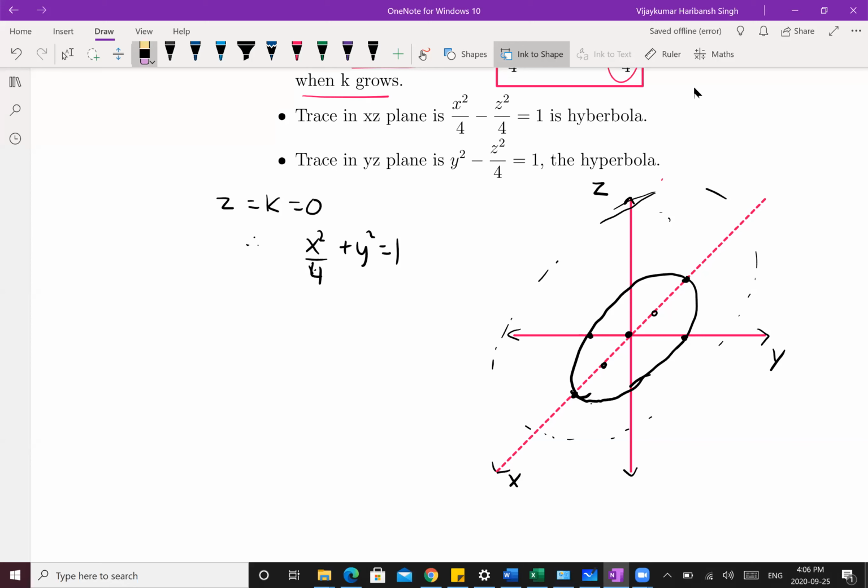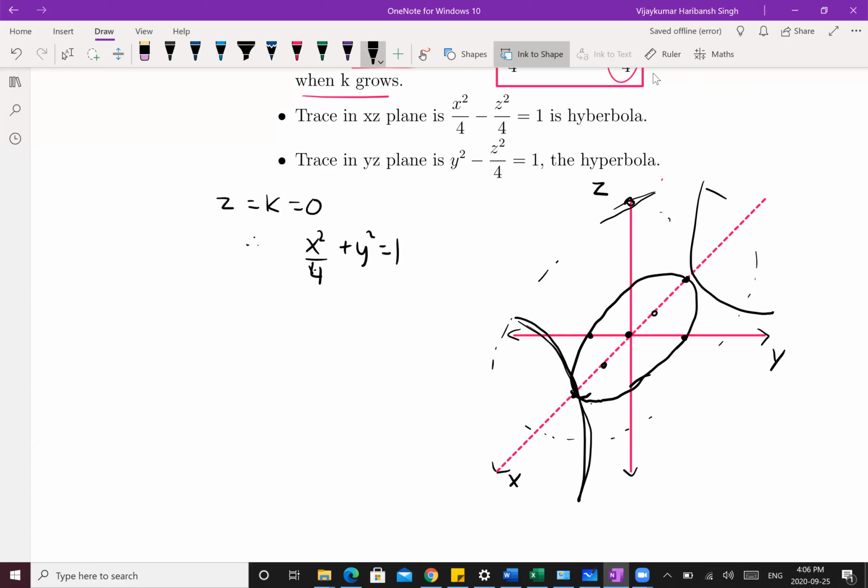However, in the xz plane, we essentially get x squared minus z squared equals 4, so we get a hyperbola like that.